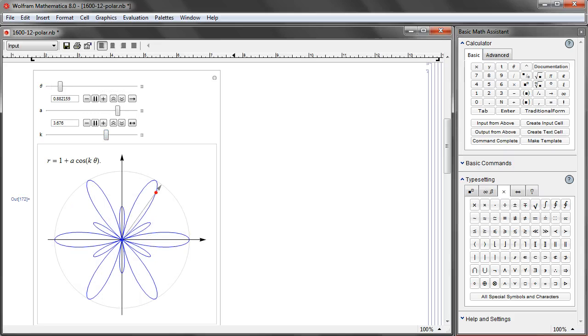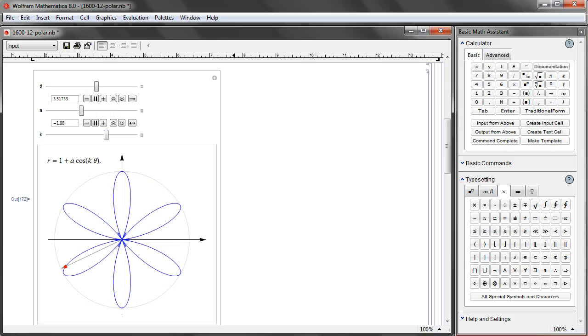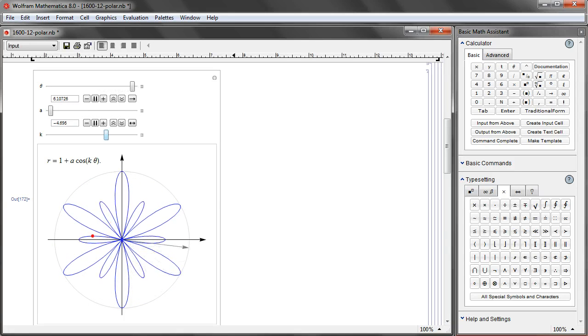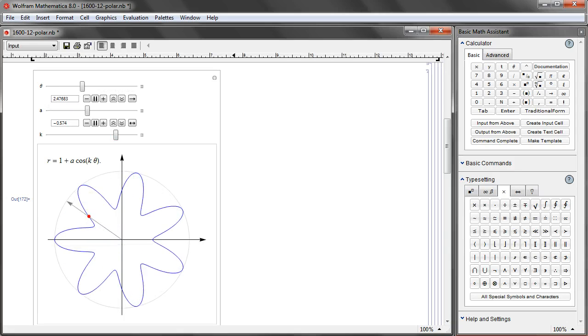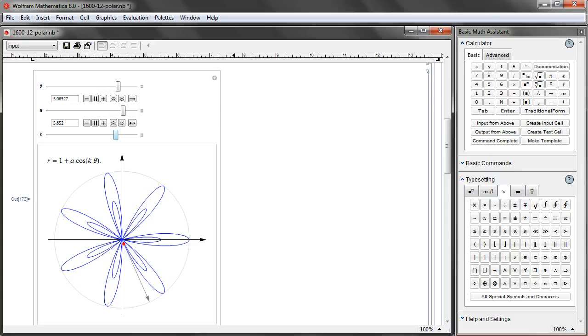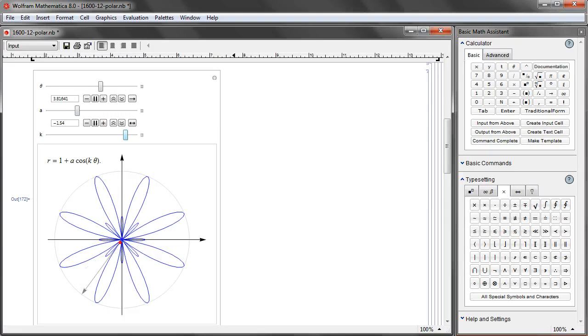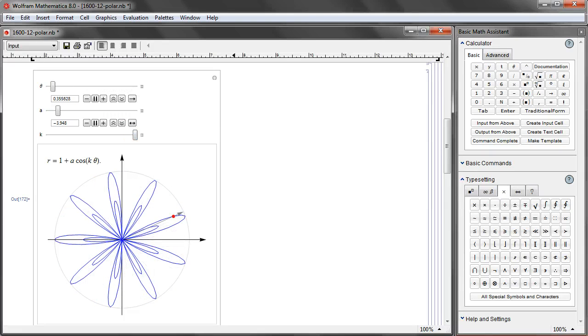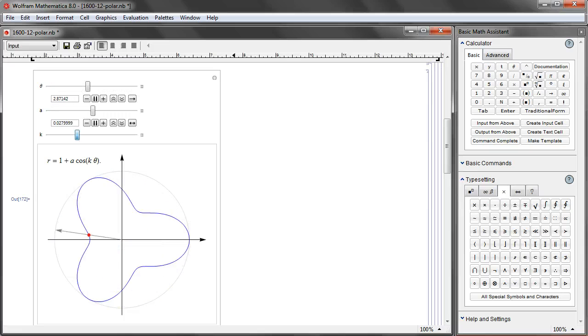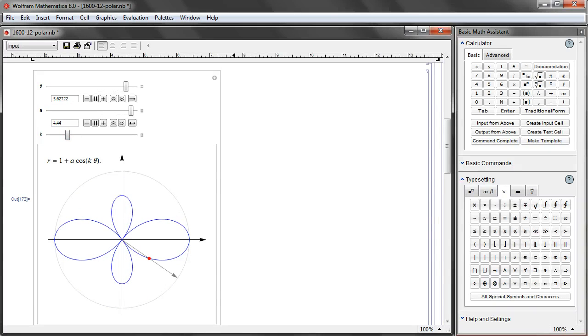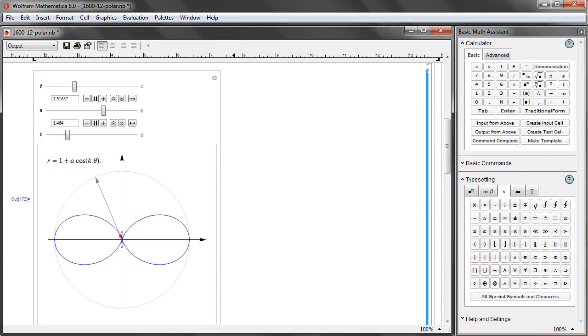Still different k value. Another k value. Okay, enough fun.